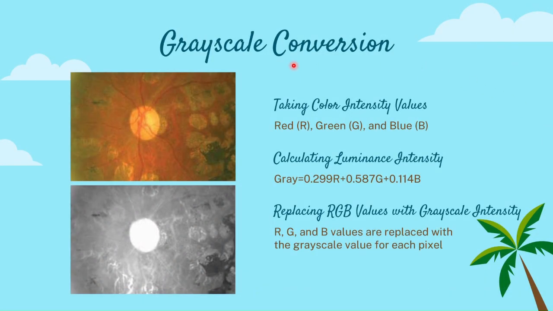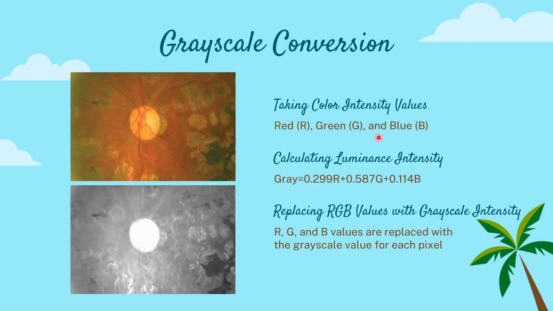Next, let's discuss the grayscale conversion method. The grayscale conversion method transforms a color image into a grayscale image. A grayscale image only represents one intensity value per pixel. Here's how this method works. First, it takes the three main color components of the image, which are red, green, and blue, or RGB.